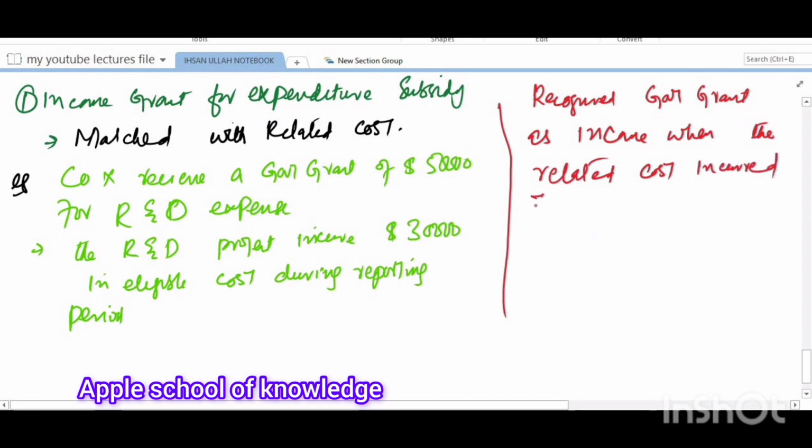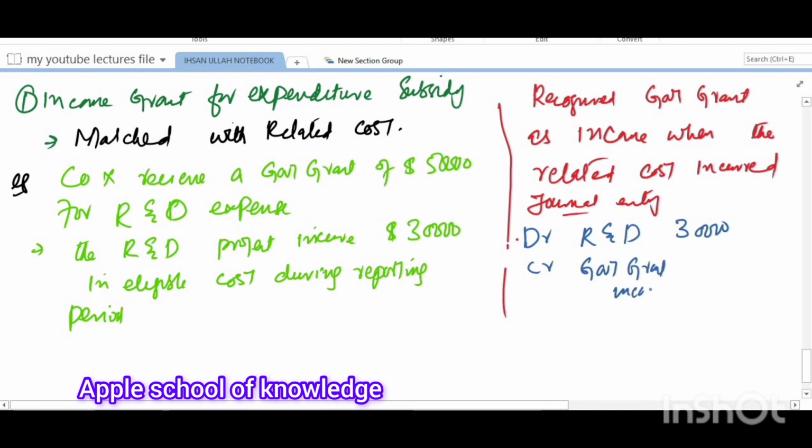Clear? So the journal entry for this will be: debit research and development expenses 30,000, and credit government grant income 30,000. Clear?